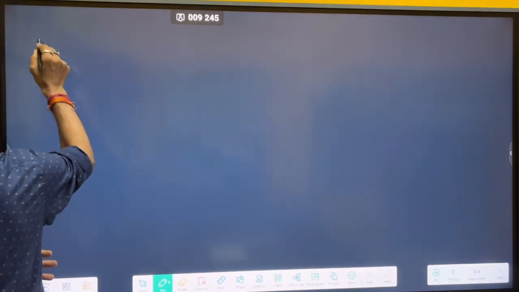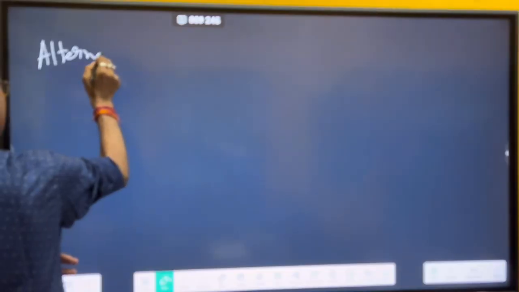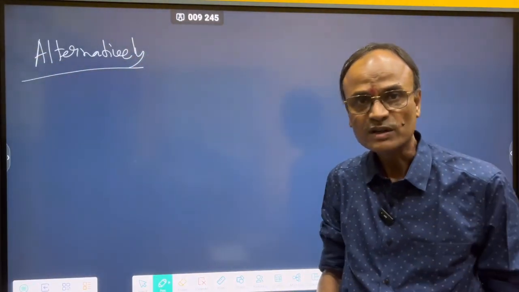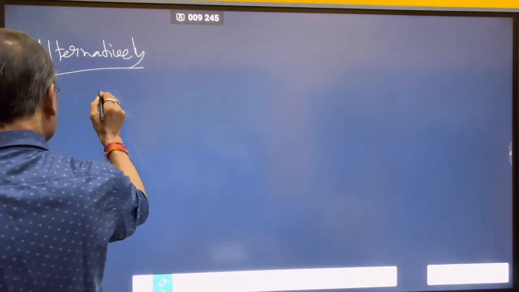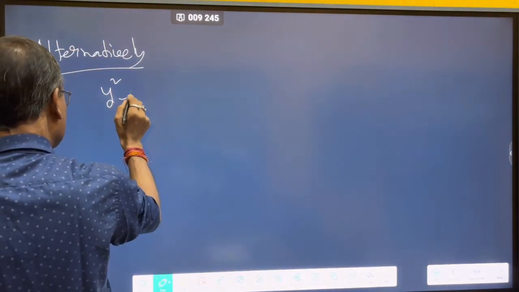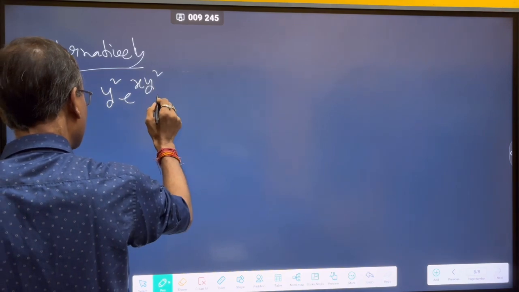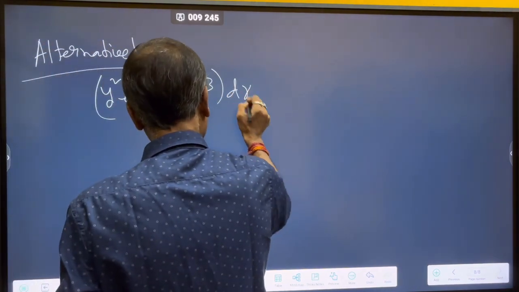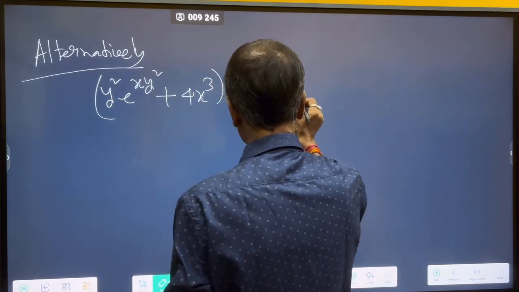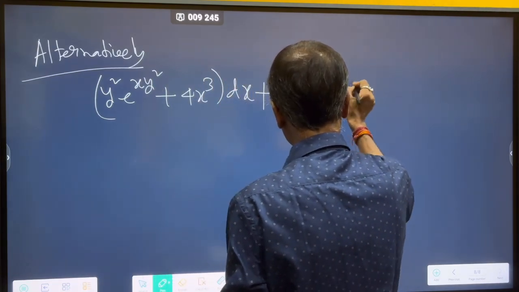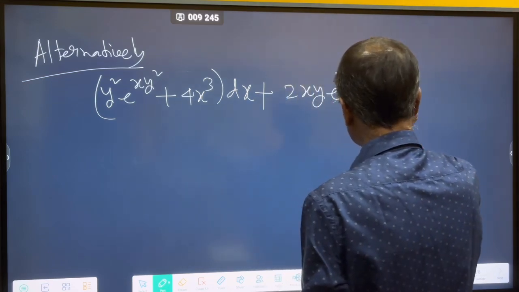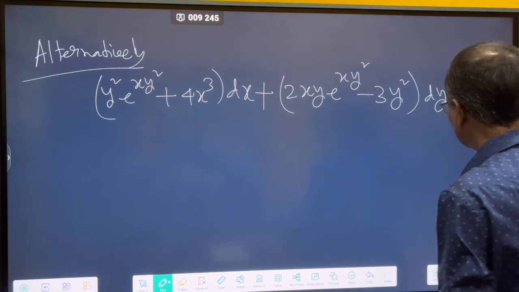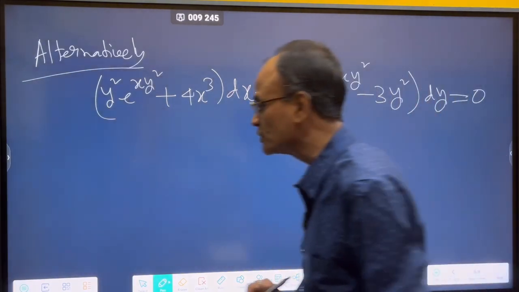Now, alternatively, the differential equation is y square e to the power x y square plus 4x cube dx plus twice xy e to the power xy square minus thrice y square dy equal to 0.